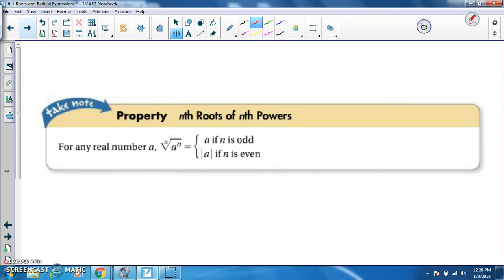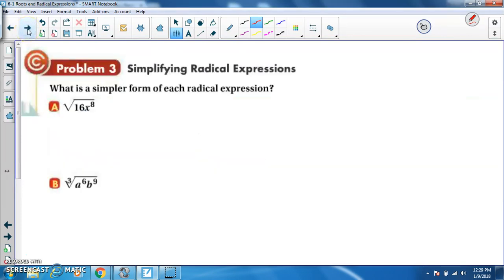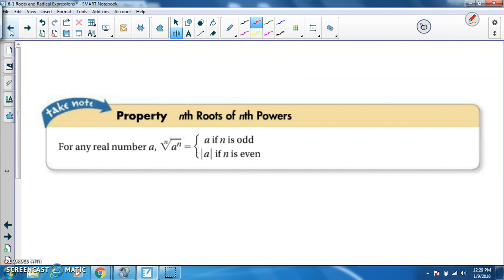So for any real number a, the nth root of a to the nth power is equal to a if n is odd, and is equal to the absolute value of a if n is even. Basically, even, we need absolute value.